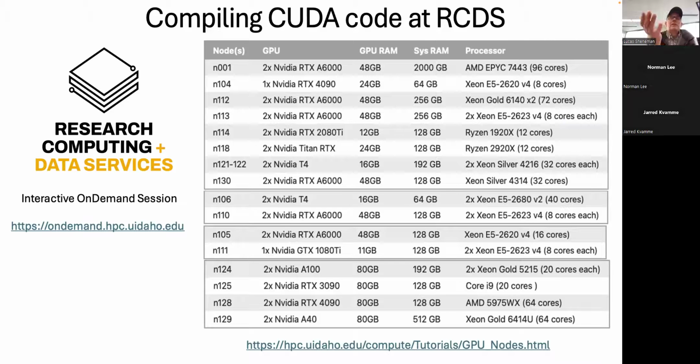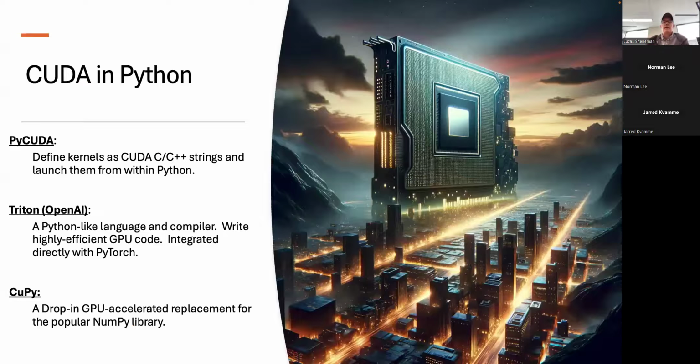But one of the best ways to do it, and I know Bruce has been doing this, not for CUDA programming, but for using GPUs with applications, is to use the on-demand interactive interfaces. This will actually give you a shell on the device. You don't have to run it through our normal job scheduler, and you can just interactively compile things and run them and see how it's utilizing GPU resources.